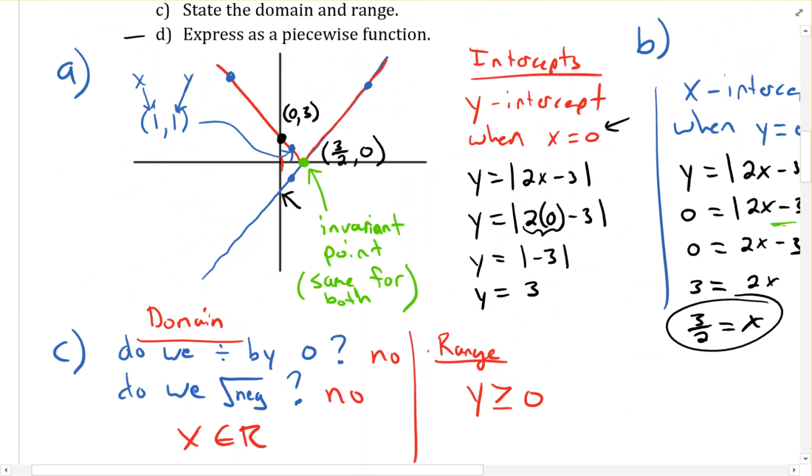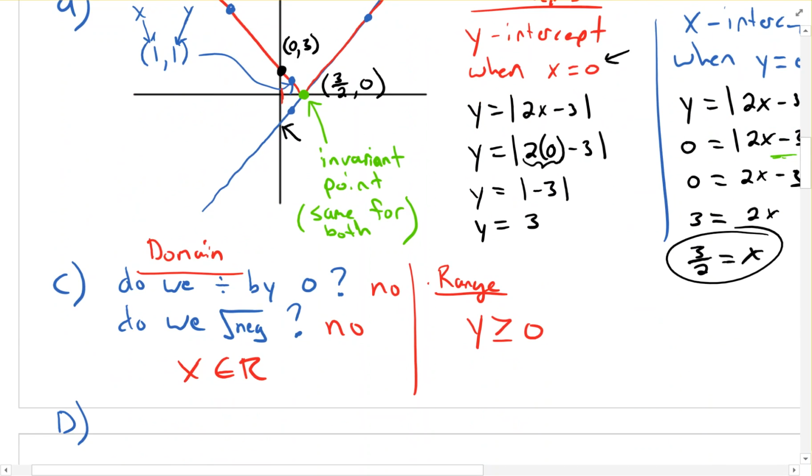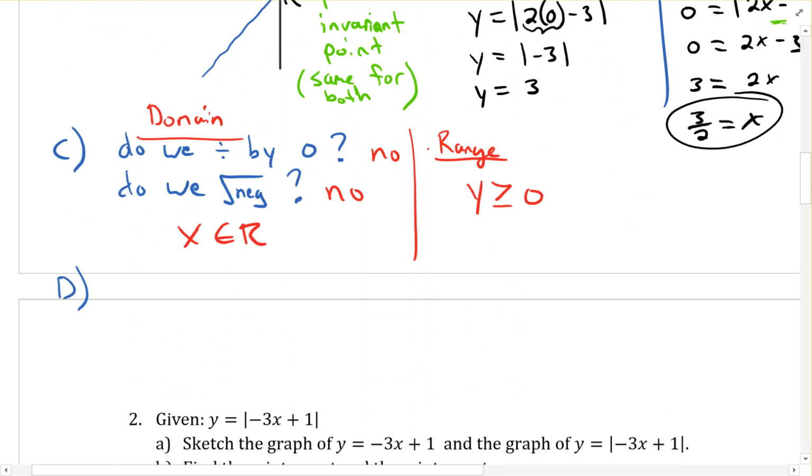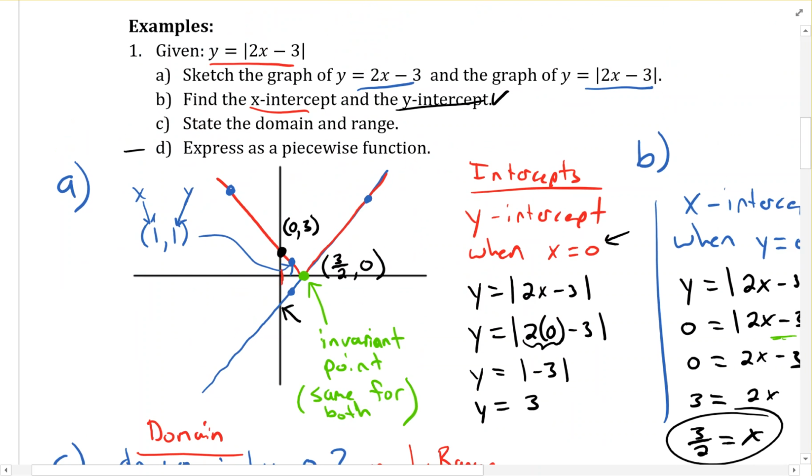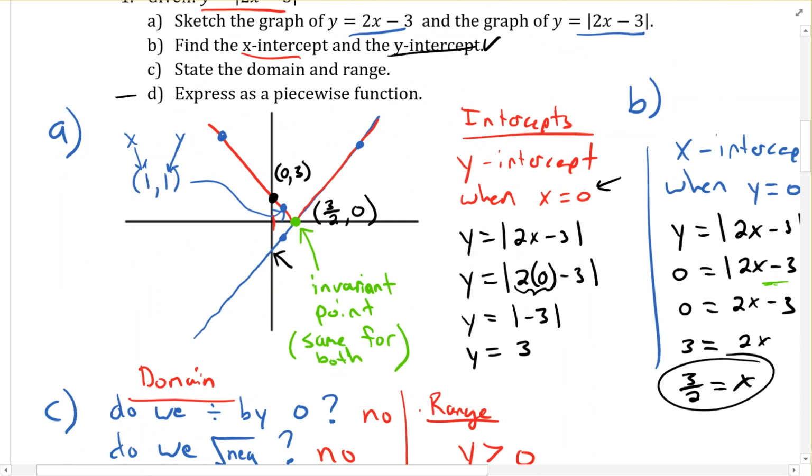So the last part, we're saying, okay, express as a piecewise function. So the way we do this is by writing out the original function, so f of x, or y, you could say that too. So y is equal to the absolute value of 2x minus 3.